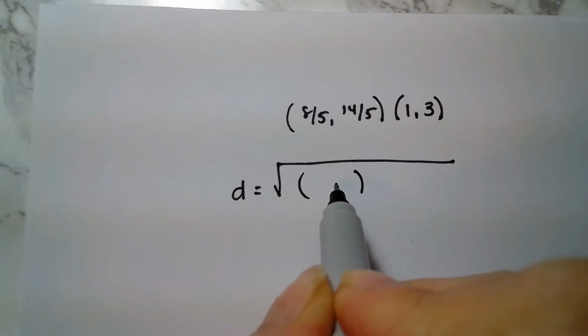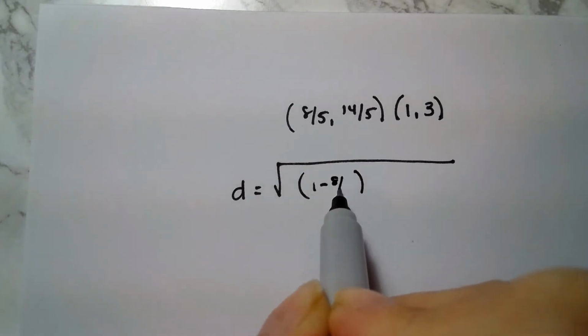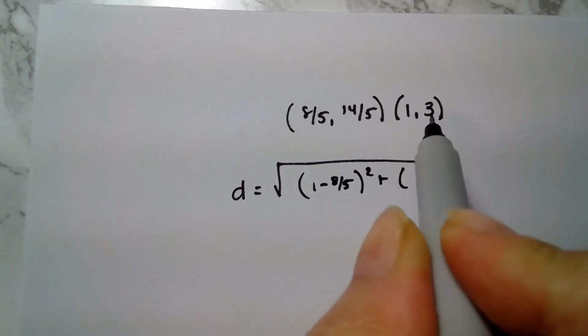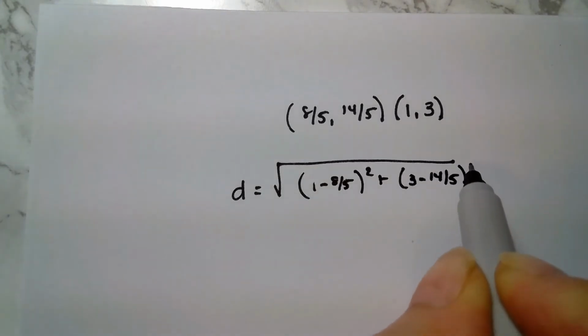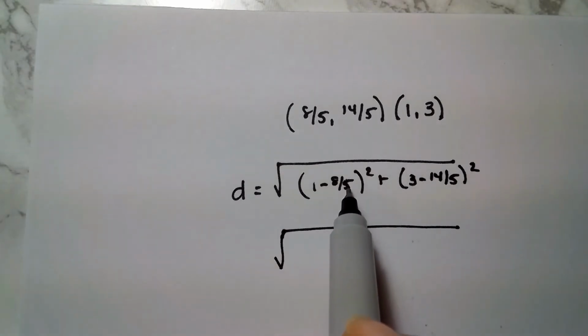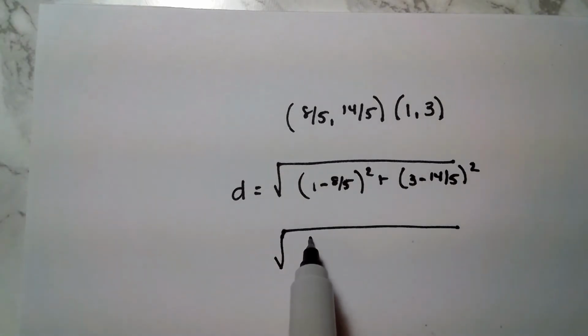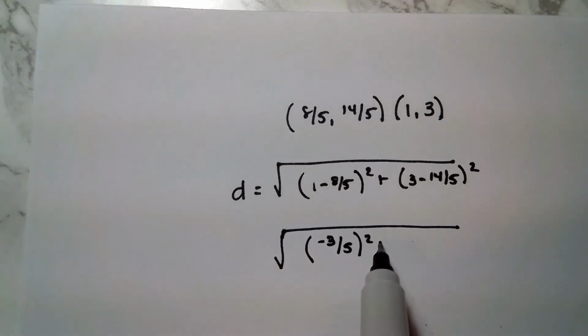So remember, it's x1 minus x2 squared, so 1 minus 8 fifths squared, plus y2 minus y1 squared. I've got to clean up these fractions in here. This is 5 minus 8, or negative 3 fifths squared.